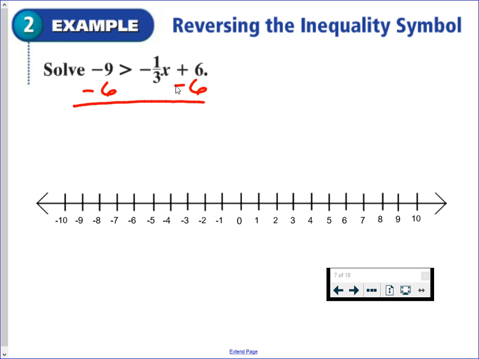Right. -9 minus 6. Godiva, which way do you think we should go? For -6. This way, she said. Did you have that?